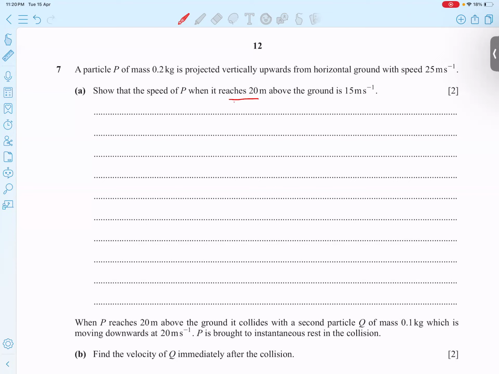So this launching speed is 25 for particle P, and it is going upwards, and naturally going upward, gravity is -10. And what he said, a distance of 20 meters.